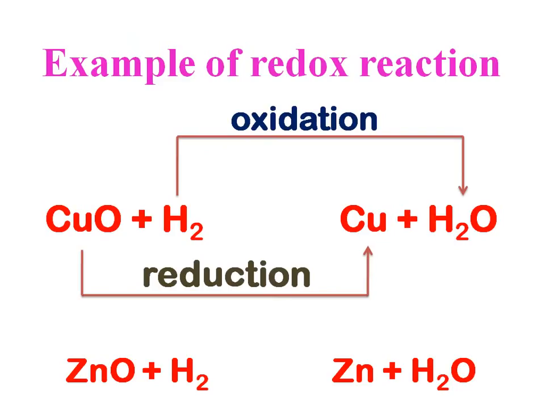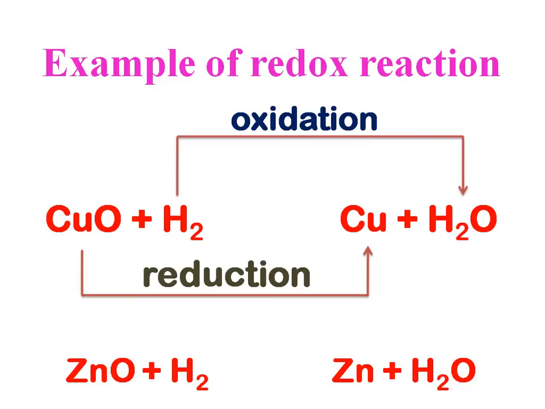For example, when we talk about copper oxide and hydrogen, when the hydrogen gas passes, it removes oxygen from the copper, and in this way the copper oxide is reduced to copper, while hydrogen gets oxygen from the copper oxide and gets oxidized because it gains oxygen.